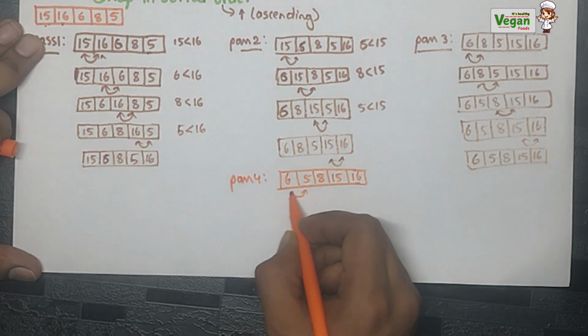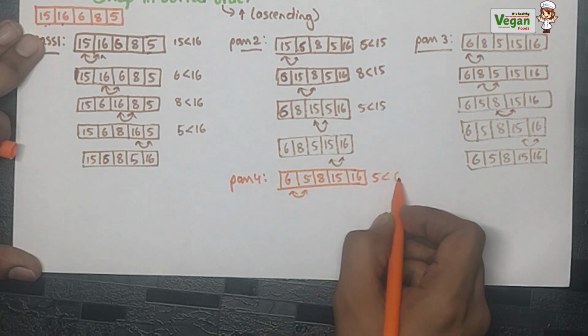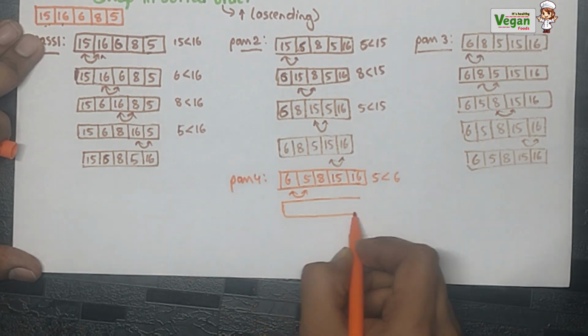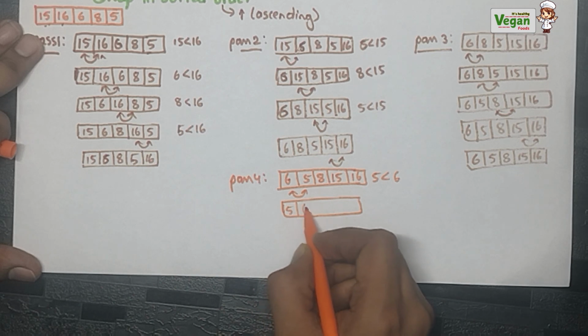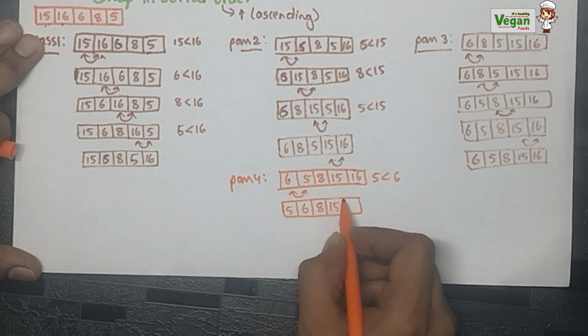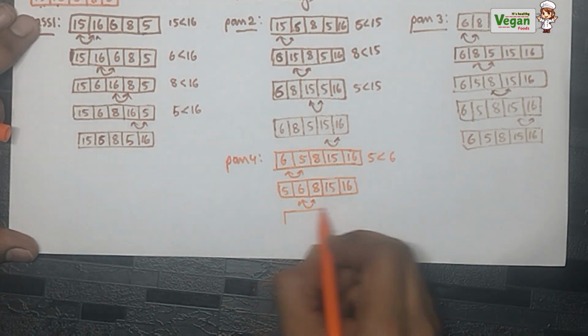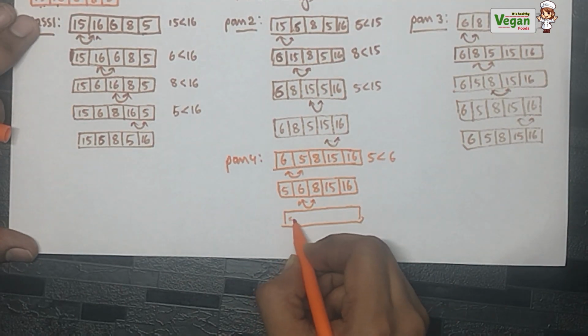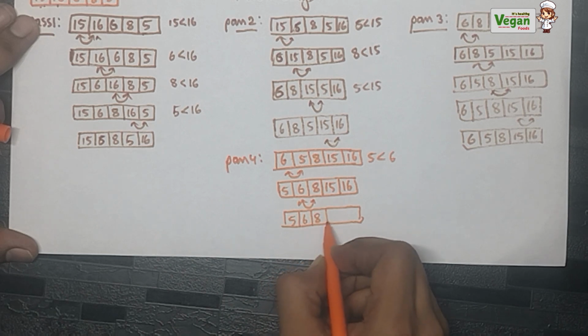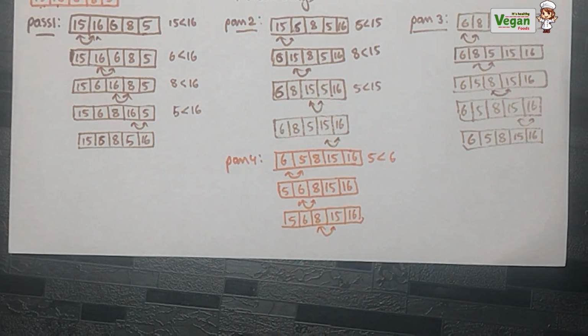Now compare these two. 5 is less than 6, so I will just swap the numbers. 5 will come here, 6 will be here, then 8, 15 and 16. Now compare these two: 6 is less than 8, so this is perfect. Next, 5, 6, 8, 15, 16. Compare 8 and 15: 8 is less than 15, so it is perfect.